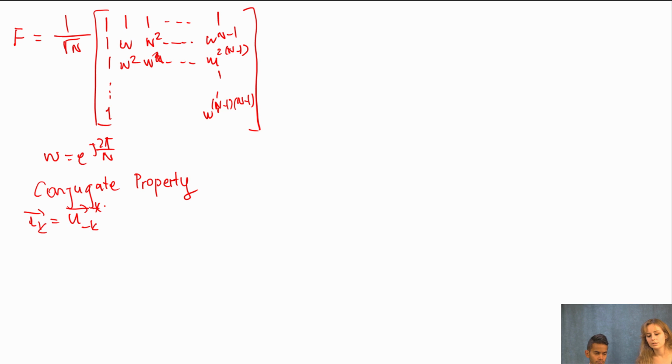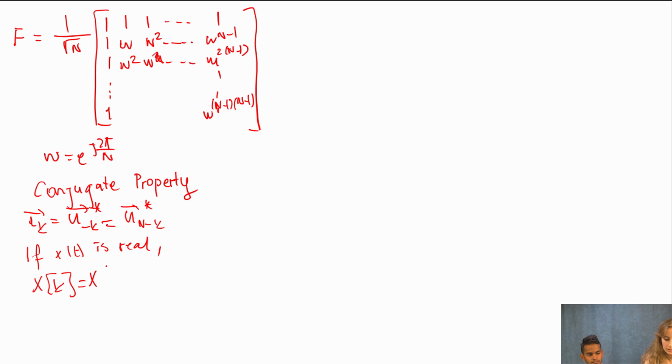And since we can see them as going around the unit circle, this is also equal to u n minus k star. And if x of t, our signal, is real, then we can use this conjugate property to prove conjugate symmetry. In that case, X_k is going to be the conjugate of X_(n minus k).